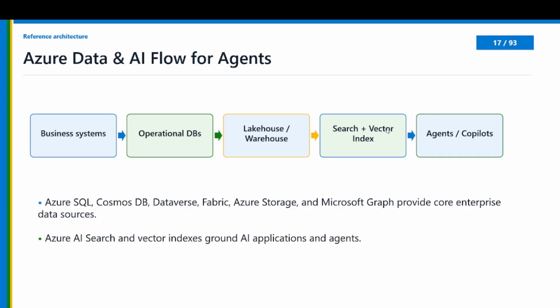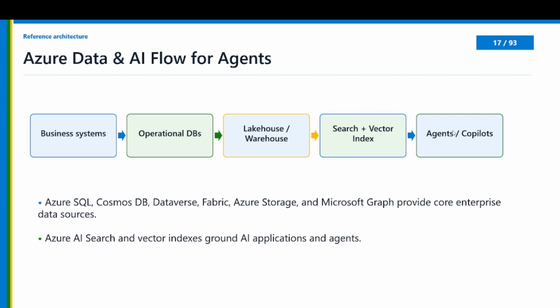Azure SQL Database also now supports a vector store, and Cosmos DB supports a vector store. Then you can use the standard one in the Azure AI ecosystem, which is Azure AI Search, basically designed as a vector database. You can also use pgvector on PostgreSQL on Azure, which also supports vector storage.